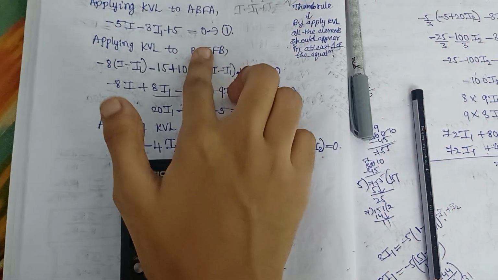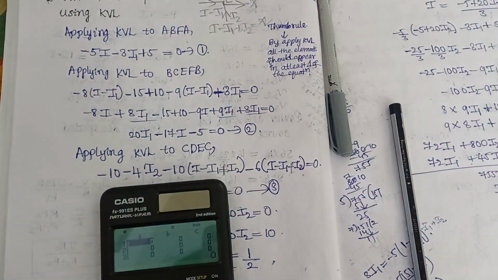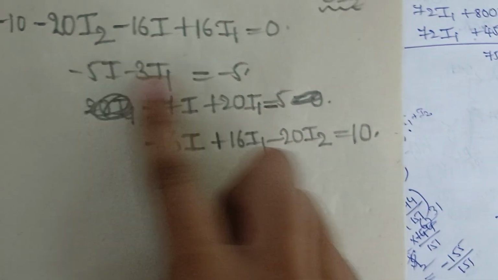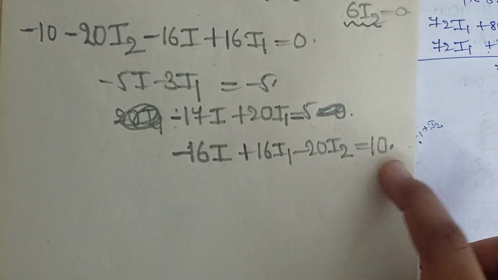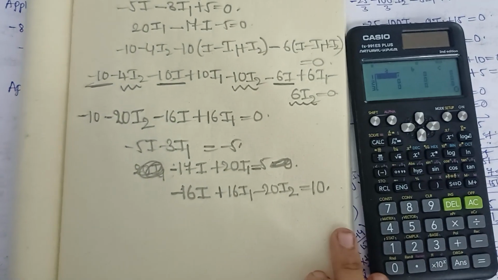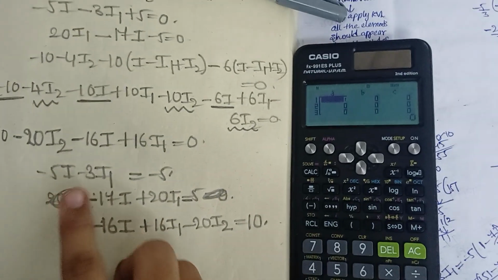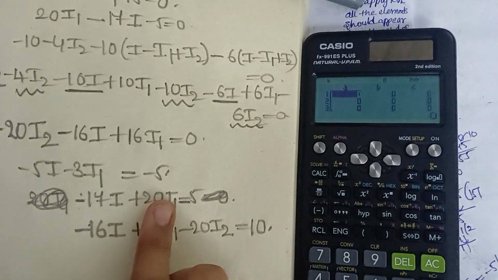And now, since we have our three equations, I'll write these three equations in one place. This is your equation 1, this is your equation 2, and this is your equation 3. In order to calculate this using a calculator, firstly you have I and I1 and I2, right?